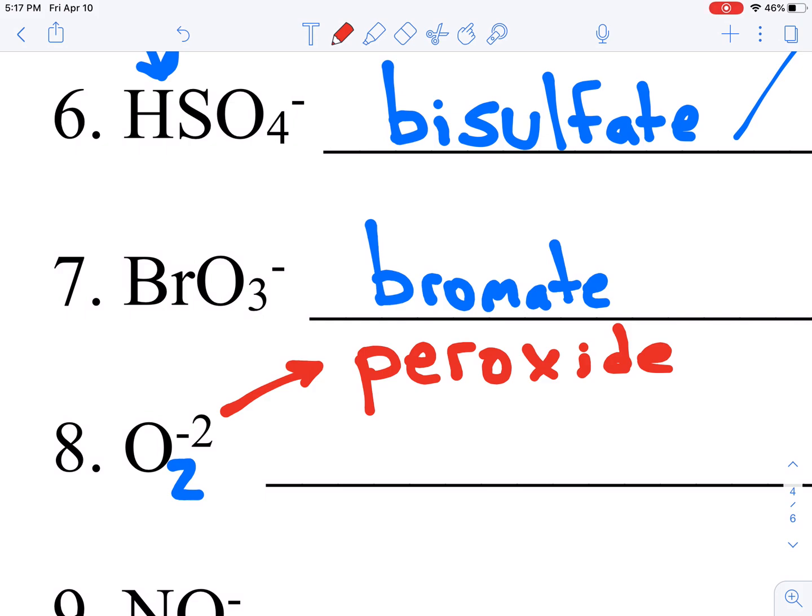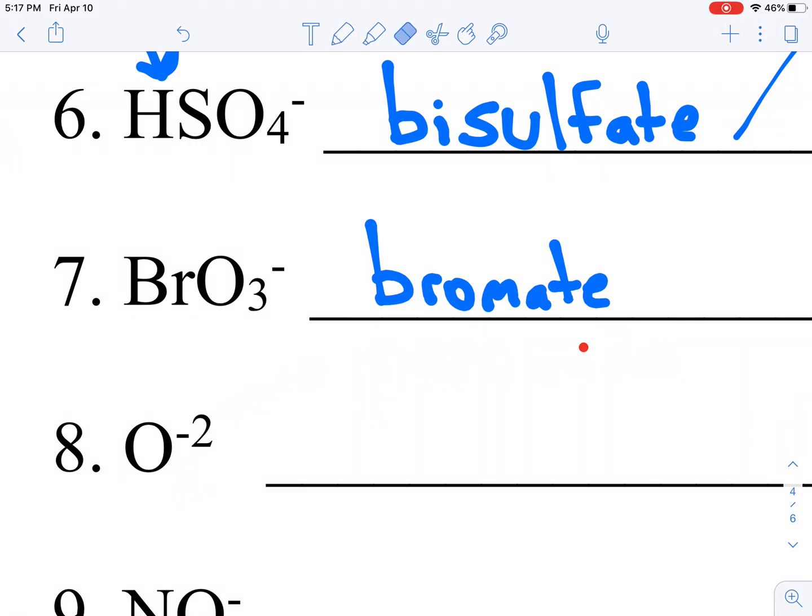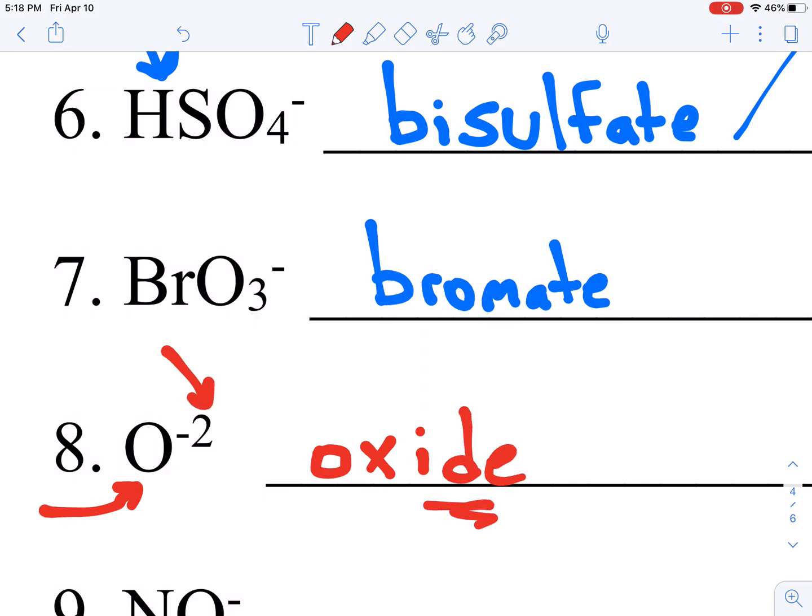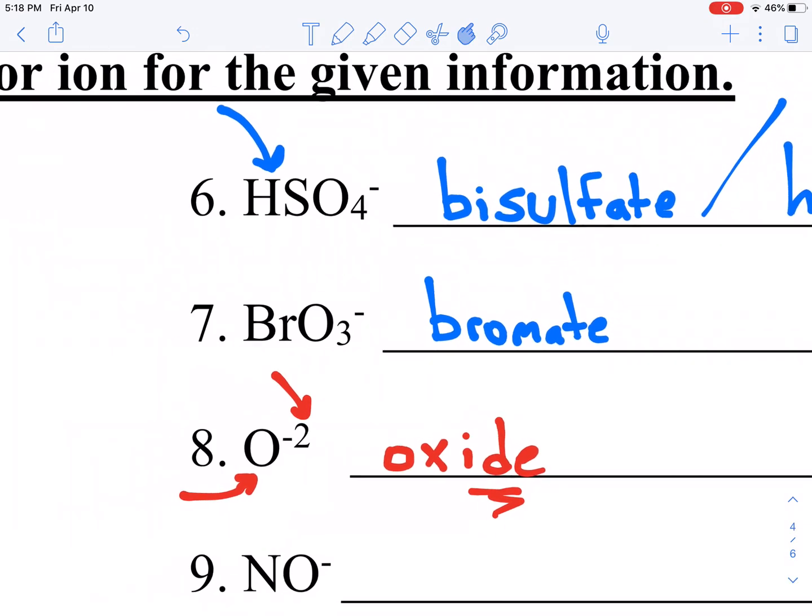And so a lot of people, for whatever reason, think, well, I'm getting rid of an oxygen, I'm going to make it oxite. But actually, that's not the case. Really, what we have going on here is we have oxygen by itself. Remember, single ions, single anions like this, are simply the name of the element, which is oxygen, but you sub out the ending for the letters ide. So any single anion, negatively charged ion, simply is an ide ending after the root word of the element.